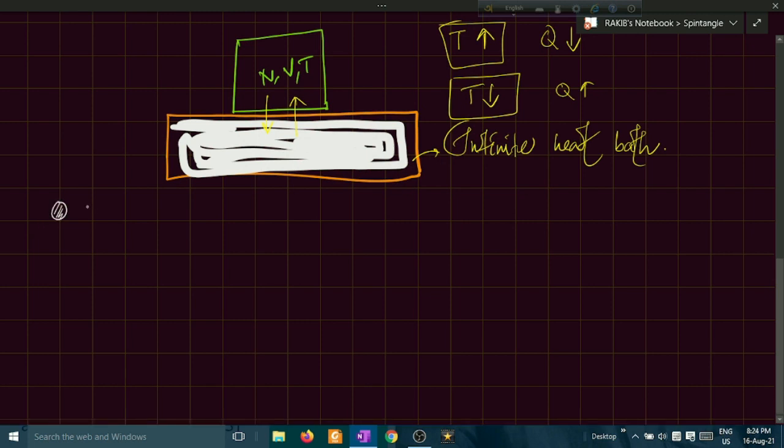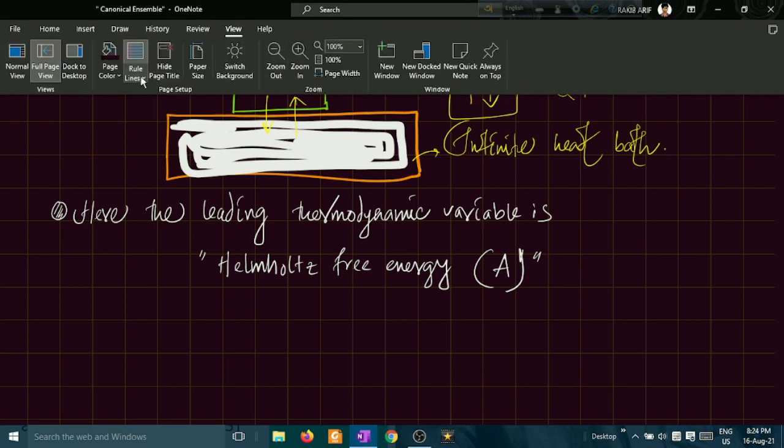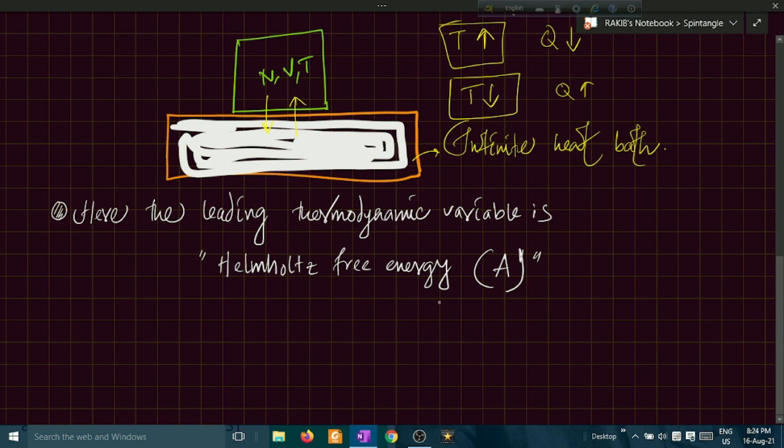Here the leading thermodynamic variable is the Helmholtz free energy, which is given by A. Helmholtz free energy is the leading thermodynamic variable. It is given by A equals minus kT ln Q.